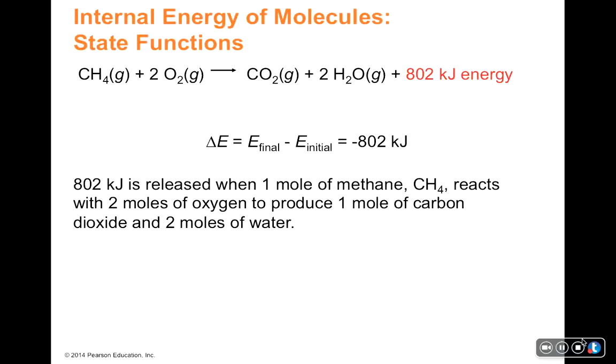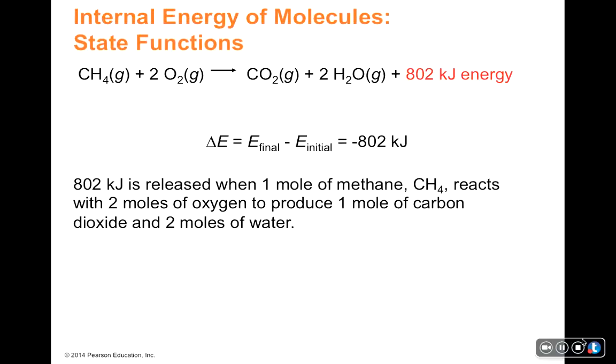So here you can see how we express this in terms of chemical reactions. So this is one way to show the amount of heat energy that's, in this case, released by this process. So you're going to see a few ways that this is shown. One way is to actually write the amount of energy in the chemical equation reaction that you see here.